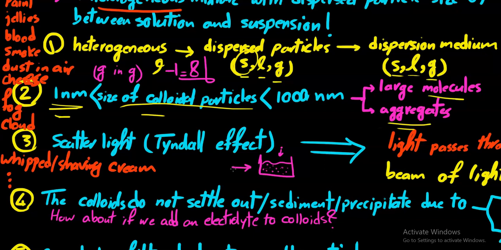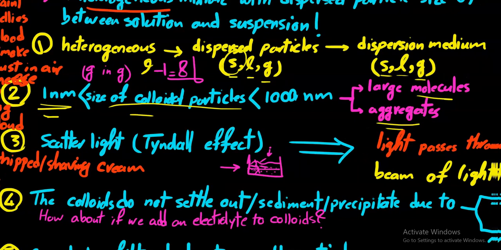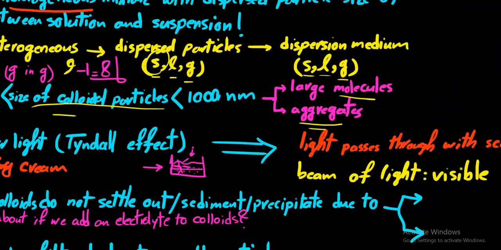When we shine the light through these colloid particles, because the particles are big enough to scatter light, some of the scattered light comes to your eyes and you can see the beam of light. So when you shine a beam of light, the passage of light is very visible to your eyes.